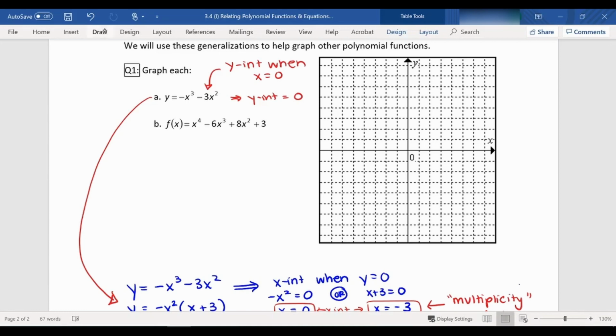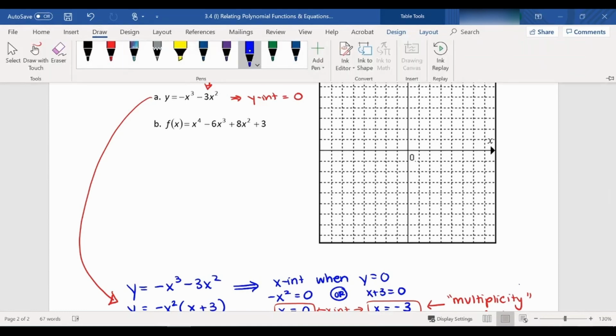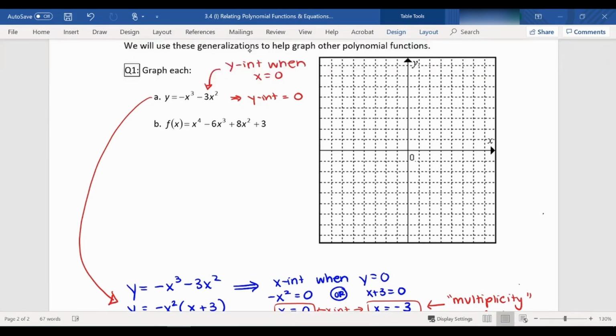So I actually have quite a bit of information. I know that I have an x-intercept at 0 and at negative 3, and my y-intercept is 0 as well, which makes sense once I've put my x-intercept there.